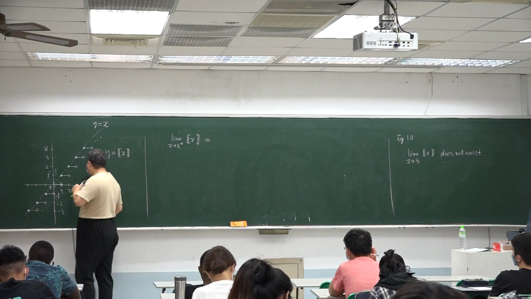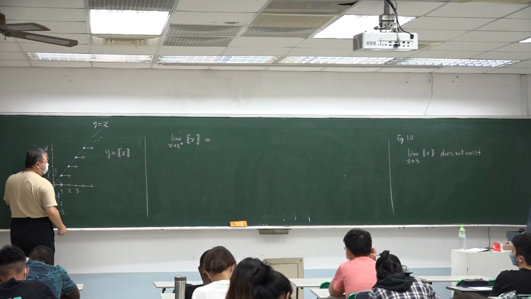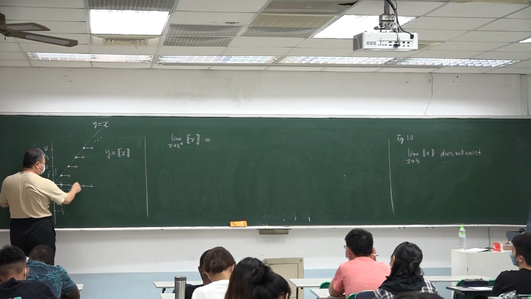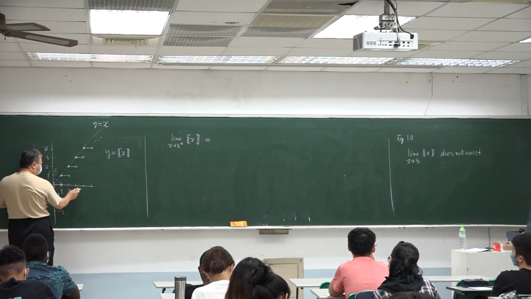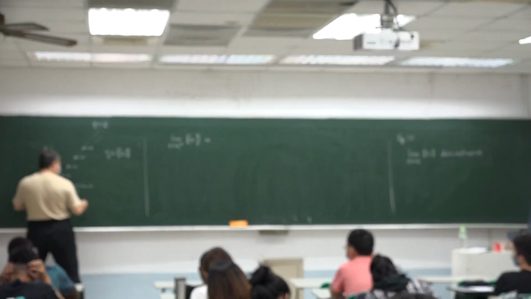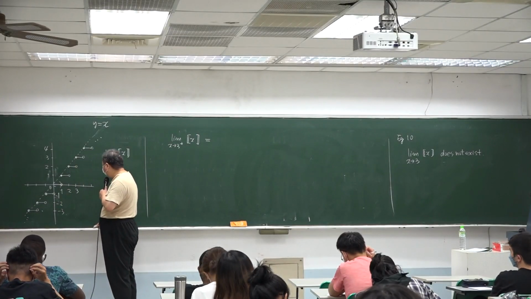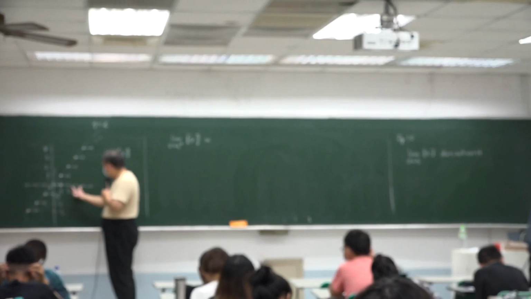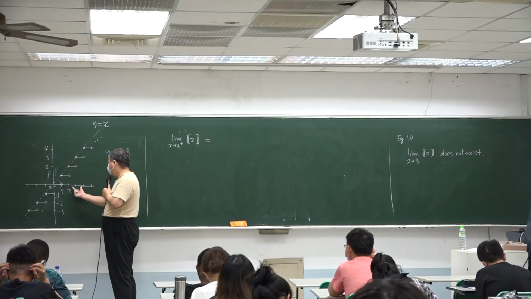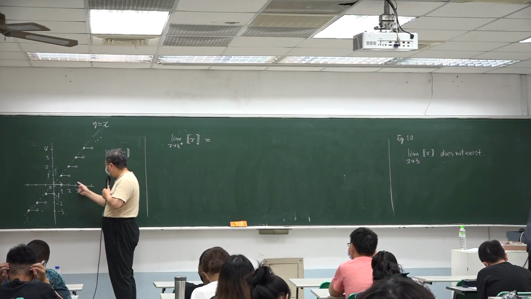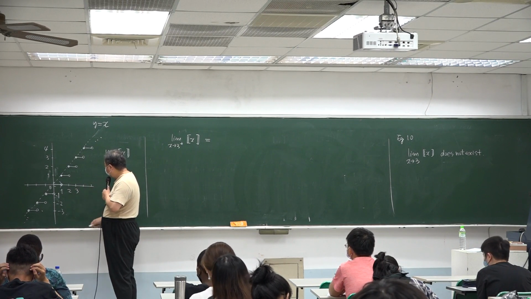When x approaches 3 from the right, we consider a small neighborhood, an open interval containing this point, but we ignore the value at 3.